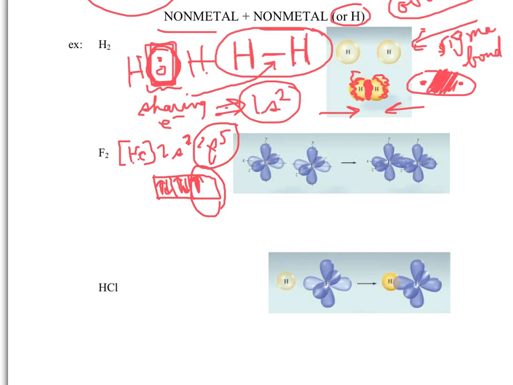So what that's going to essentially be is that I'll have a p orbital from one fluorine atom approaching and overlapping with a p orbital from the second fluorine atom, and then again it's going to be that high probability in between the two nuclei where each of those p orbitals will be overlapping, so that this electron from one fluorine atom and the one from the other one belong simultaneously to both of them, so that they both essentially are 2p6, but nobody gained or lost.